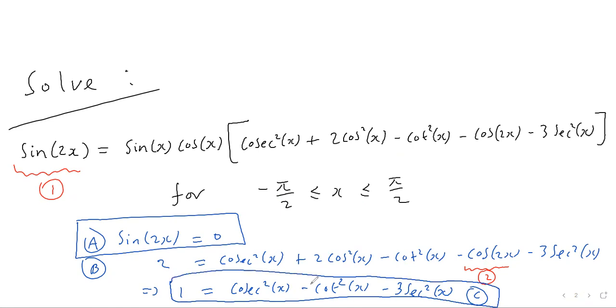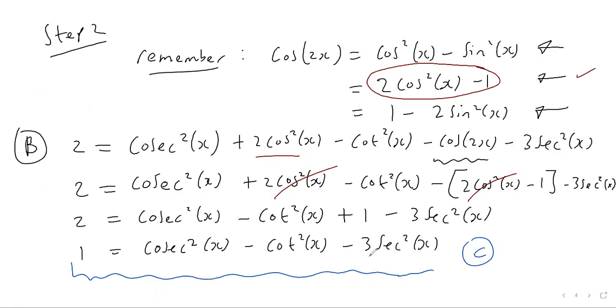What could we do to further simplify it? Notice that we've got a cosec squared here and a cot squared. Can we think of an identity that uses both cosec squared and cot squared?